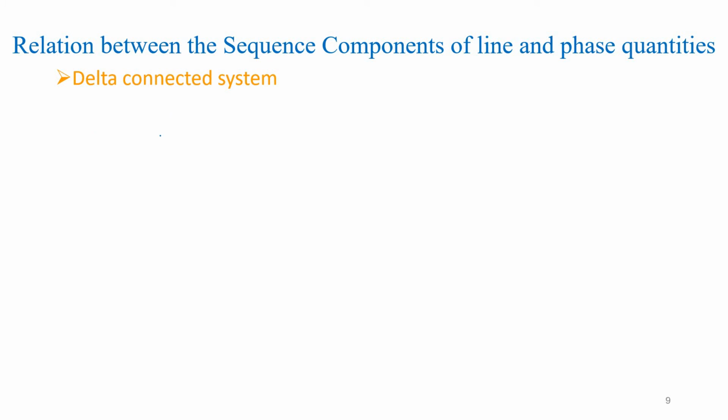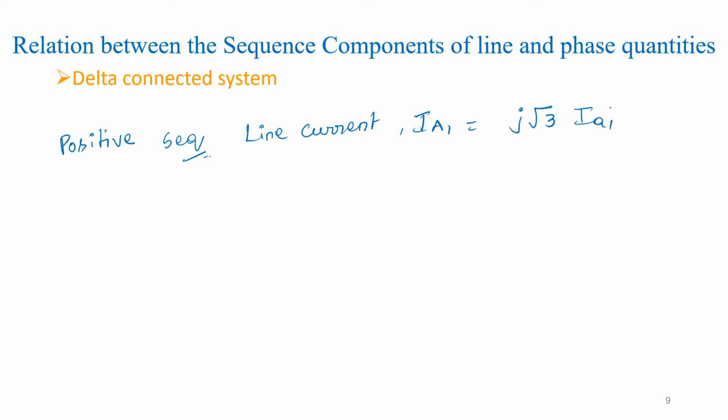With respect to the delta connected system, the positive sequence component of the line current, that is IA1, is equal to j root 3 times ia1, where ia1 is the phase quantity.